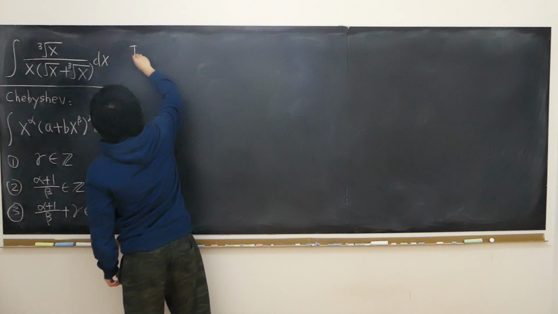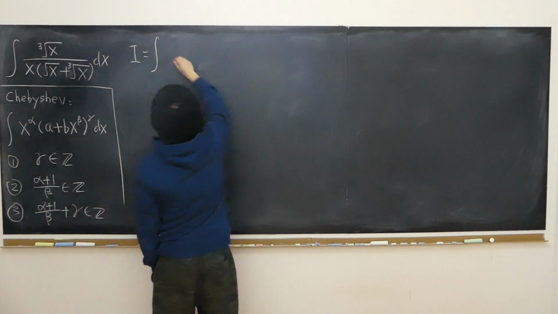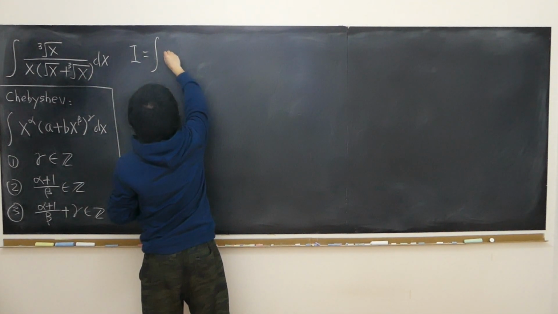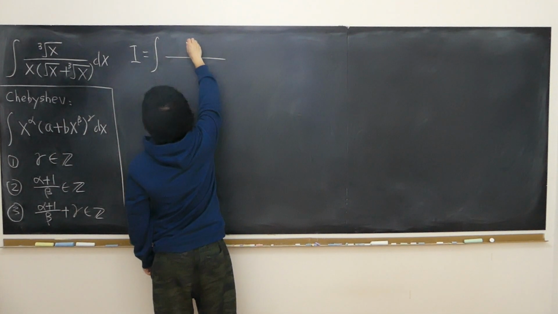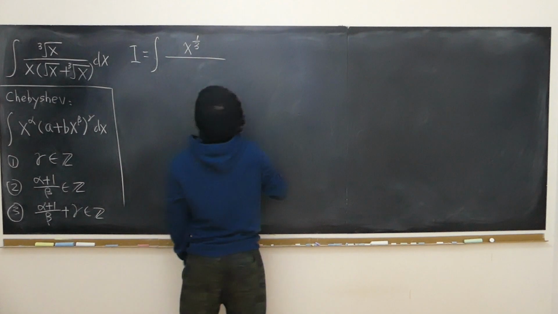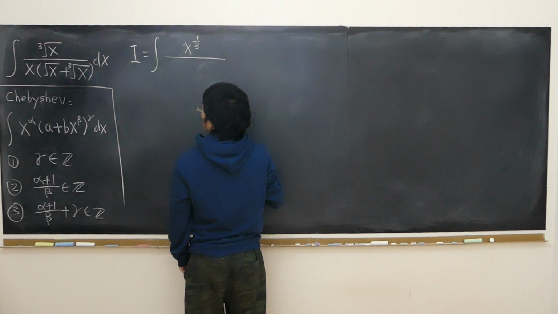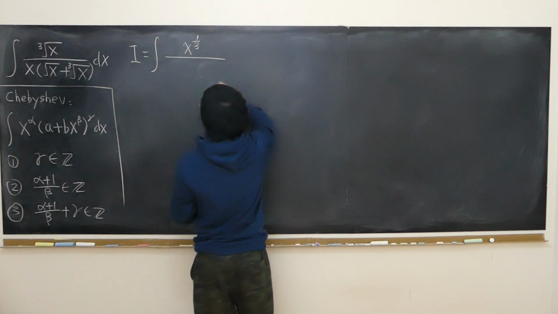So I is equal to the integral of, first of all, I'm going to rewrite the cube root of x as x to the power of 1/3. Then I'm going to extract the square root of x.